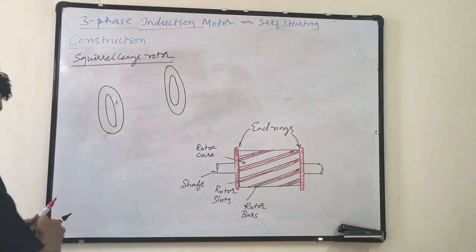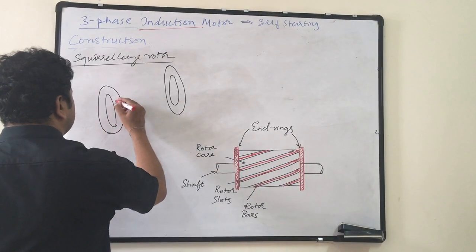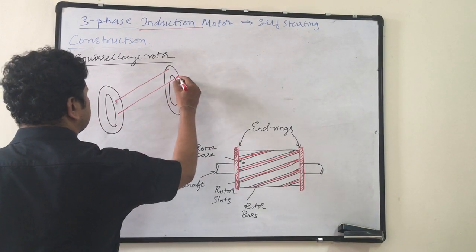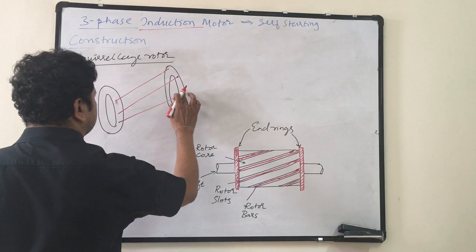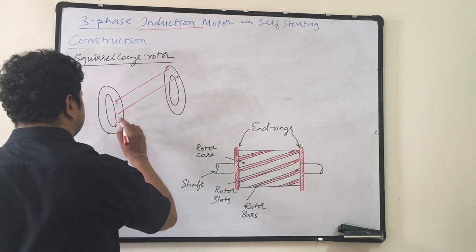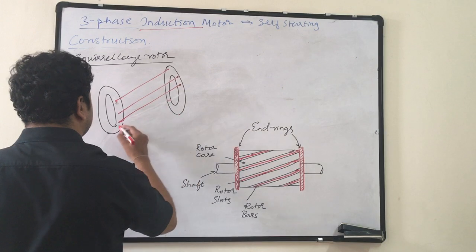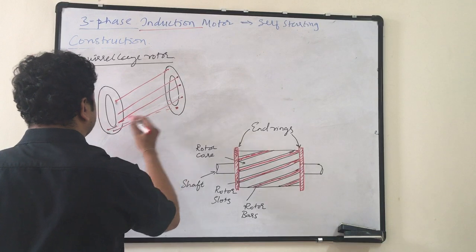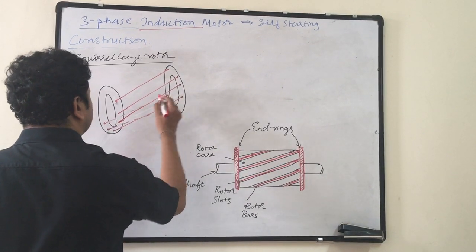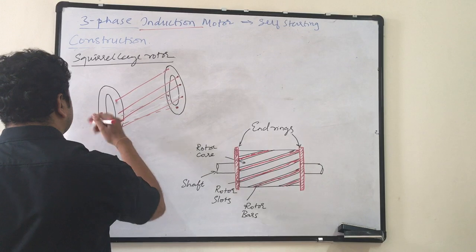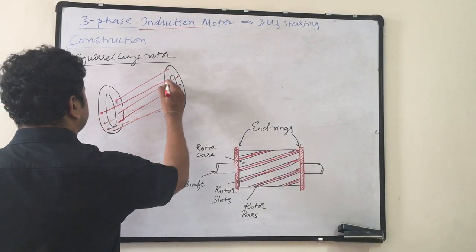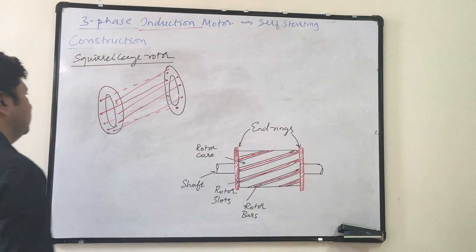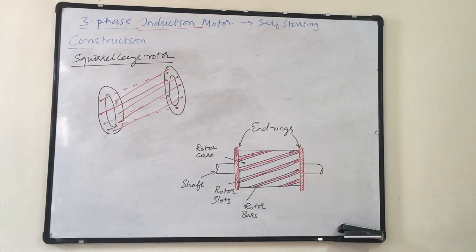so these are end rings, and if I braze these end rings with thick copper bars, like this, it will form a cage-like structure.